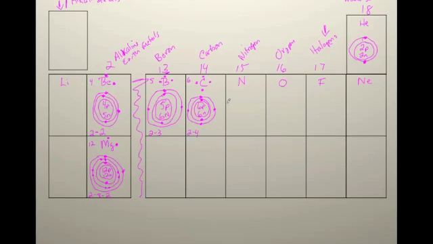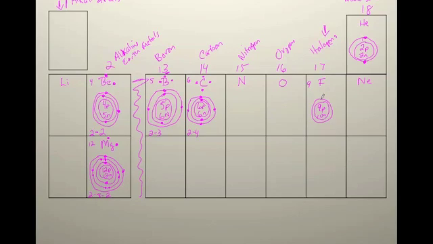If we went down to group 17, I'm going to just show you the last 2 in this period here. Fluorine has an atomic number of 9, atomic mass of 19. So you have 9 protons, 10 neutrons in the nucleus.